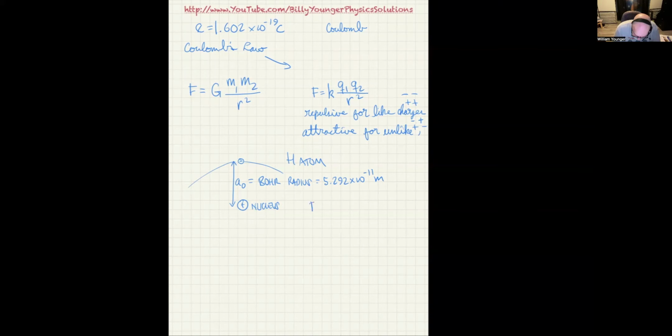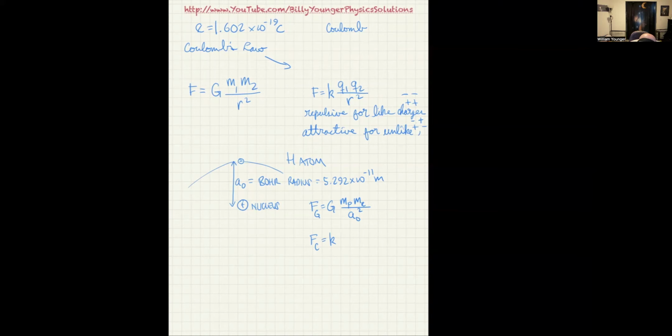And what we want to calculate is F gravity, which is G times the mass of the proton times the mass of the electron divided by A0 squared. And we also want to calculate the Coulomb force, which is K. I don't like K, by the way. I'll be using something else different, but I'm still going to give you K just because it's a lot easier sometimes to use it.